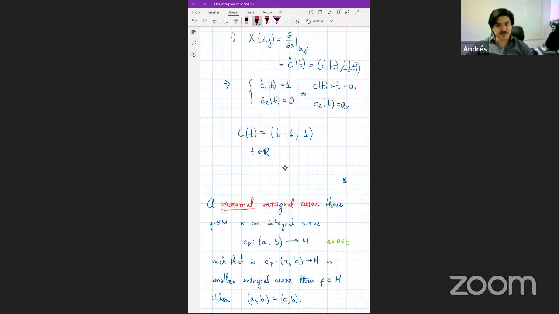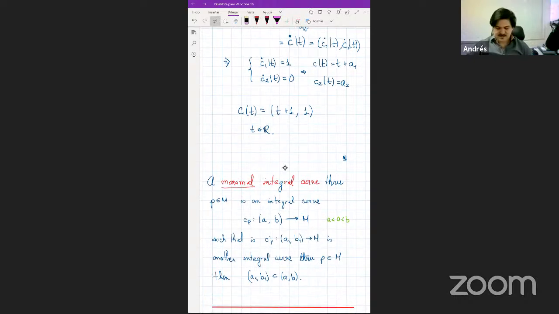So it's going to be an integral curve, remember (a, b), such that if I take another integral curve, its image is a subset of this one. So that's what we mean by maximal integral curve. If you look at the image, it describes the biggest curve that you can take. Any other integral curve will be contained in that. So that's a maximal integral curve.